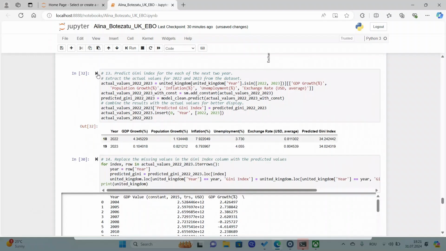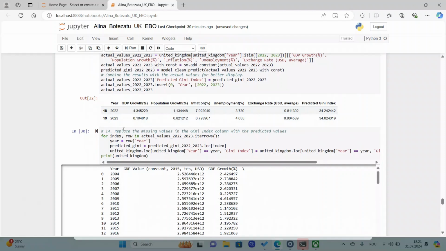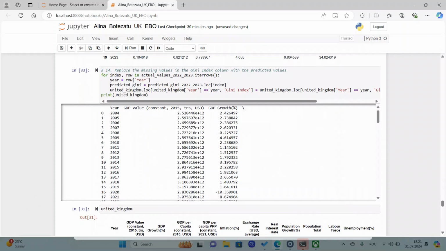Then I predicted the index for those two missing values, for each year of the next 2 years. Basically, the Gini was missing for 2022 and 2023 in the database. And then I replaced the missing values in the Gini index column with the predicted values.